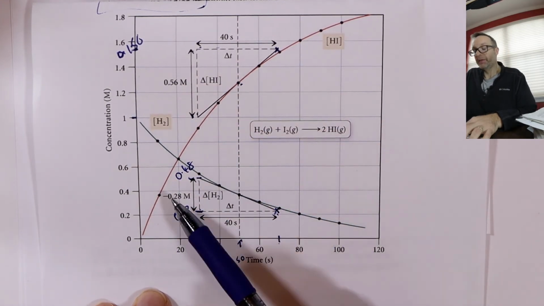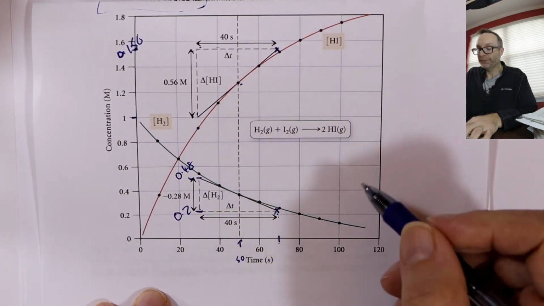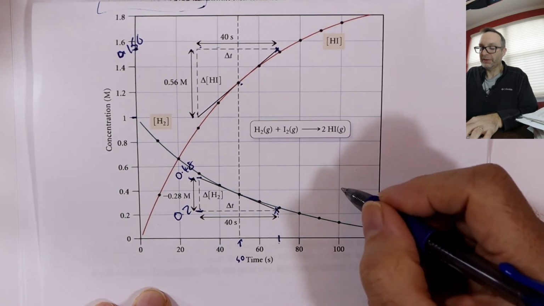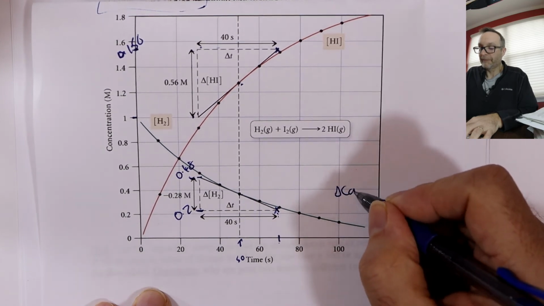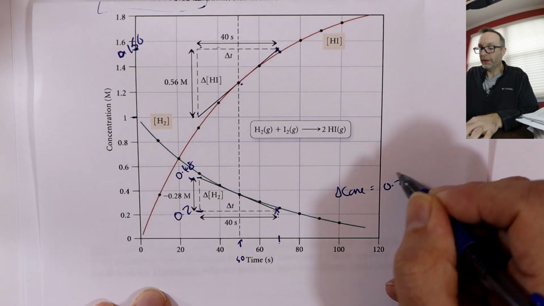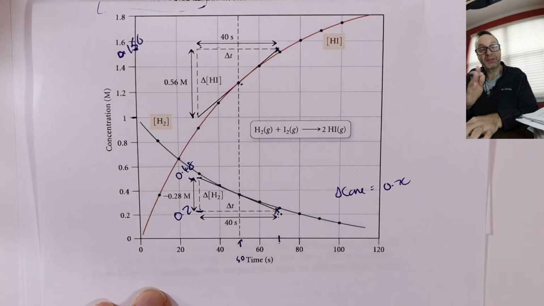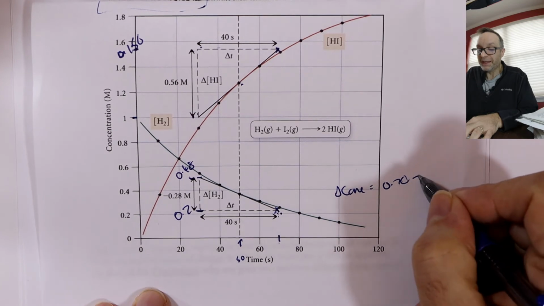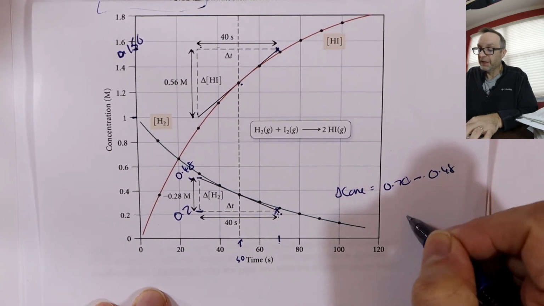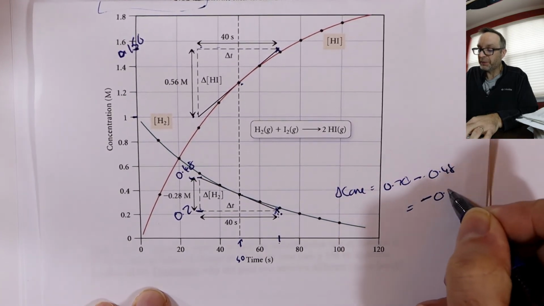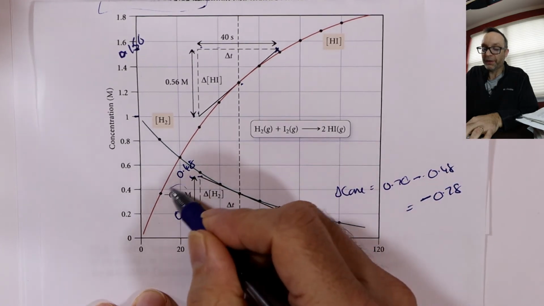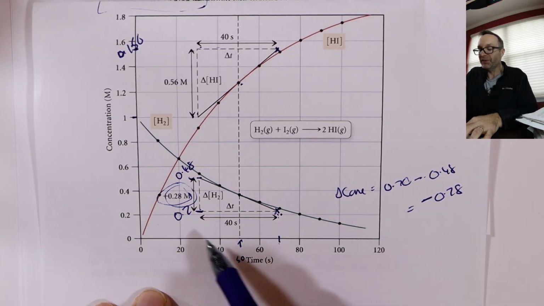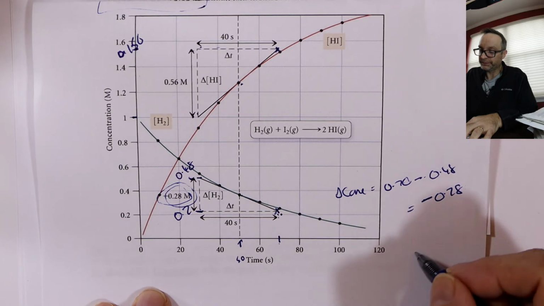It's final 0.2, so concentration change, 0.20, which is the second point in time, because time is linear. 0.2 minus 0.48 equals minus 0.28. So that's where they got that from. Difference in time is 40 seconds.